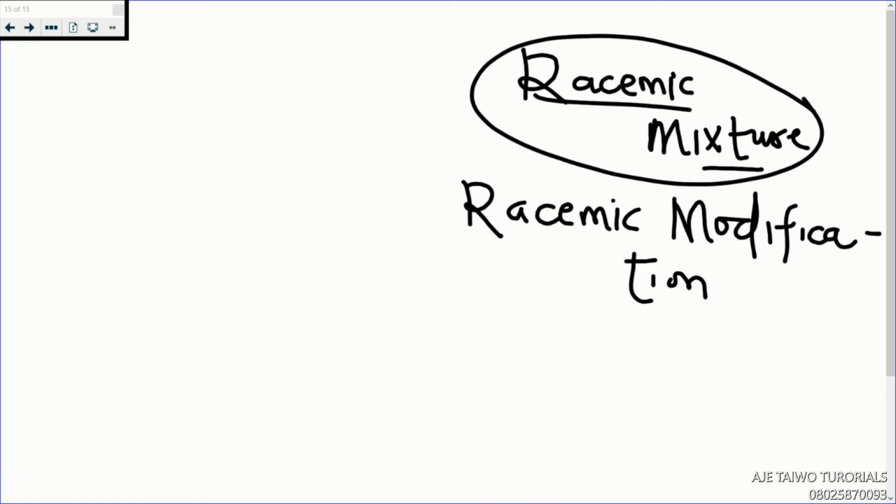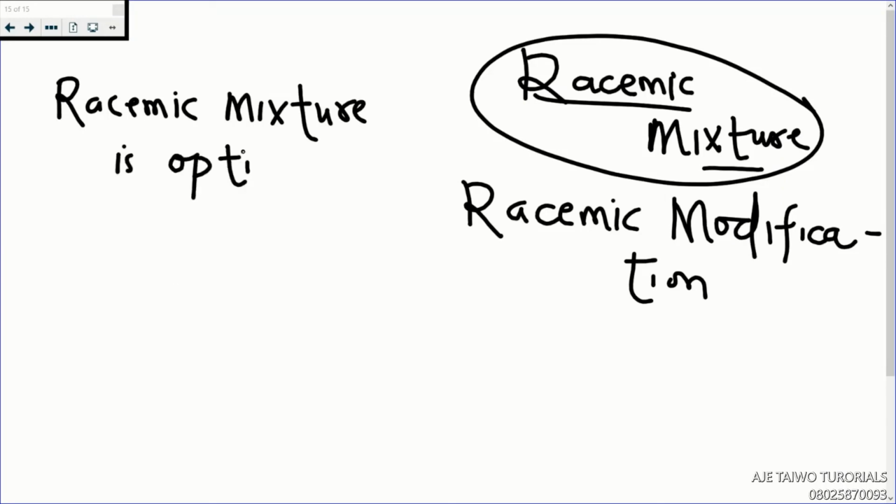A racemic mixture is optically inactive. Why is a racemic mixture optically inactive?